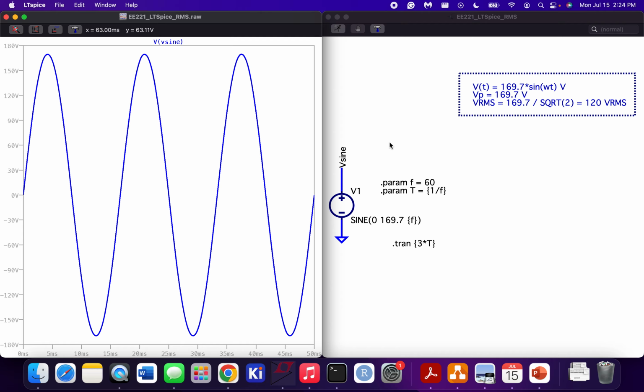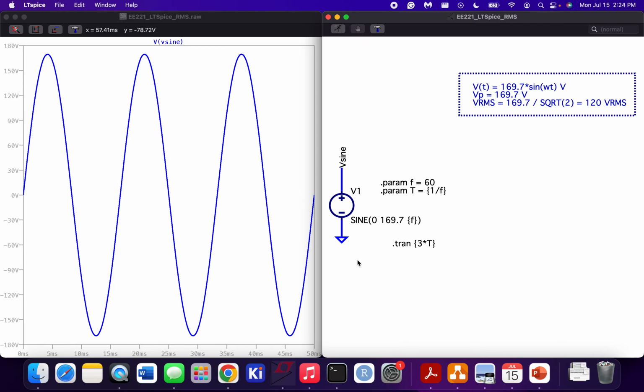That's the definition of RMS. It basically tells us the DC value, 120 volts, that would supply the same average power to a load as this AC source is supplying.